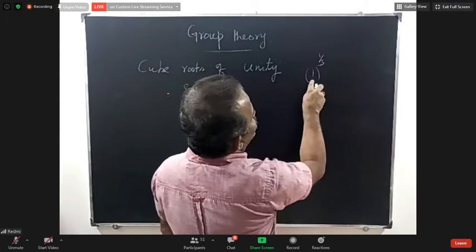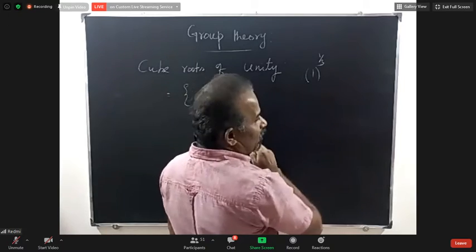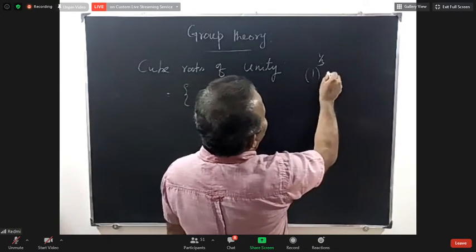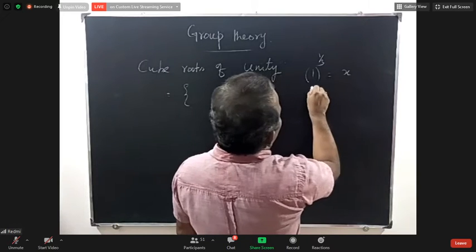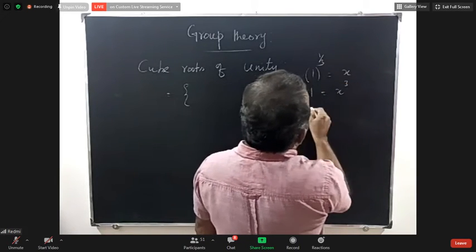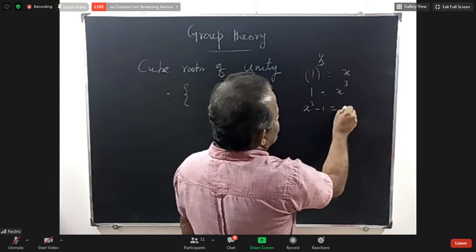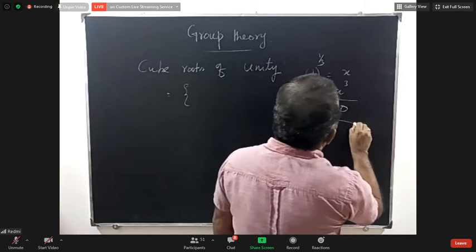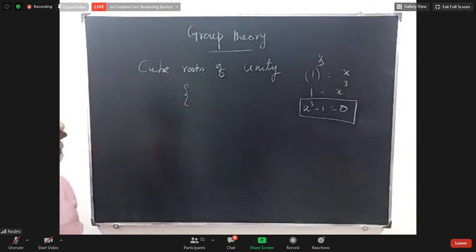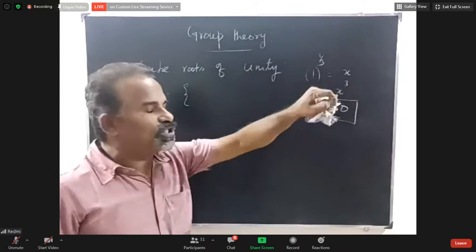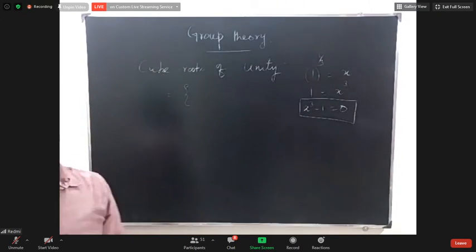Cube root of 1 is nothing but the cube roots of unity. Let us take this as x. So therefore 1 is equal to x cube, so x cube minus 1 is equal to 0. So how many solutions are there? The solutions of x cube minus 1 equal to 0 are the cube roots of unity.